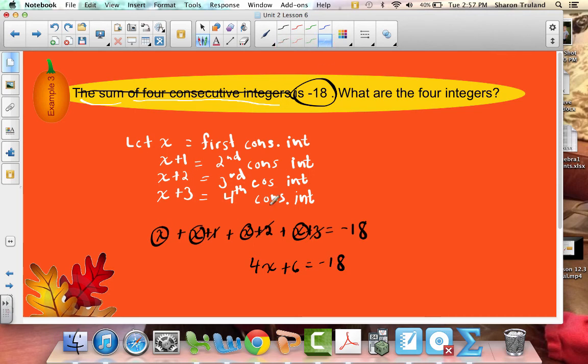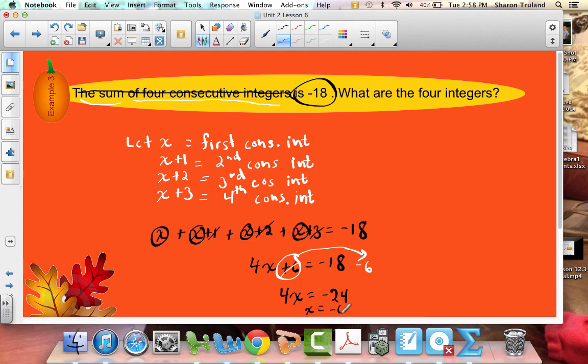All right, so now I'm going to take my 6 and move it to the other side by doing an inverse operation. I'm left with 4x equals, well, negative 18 minus 6 is negative 24. So this is simply asking me 4 times what gets me negative 24.